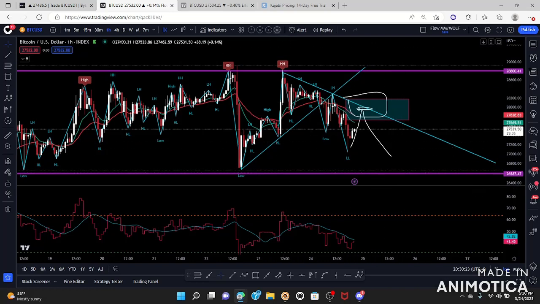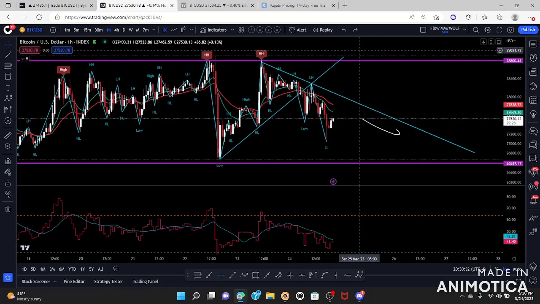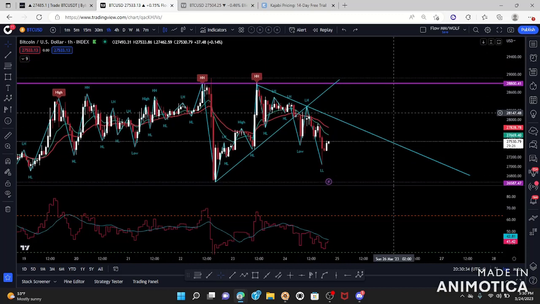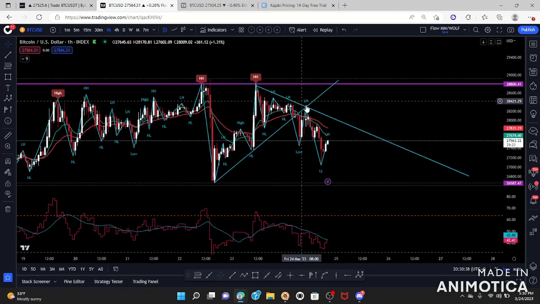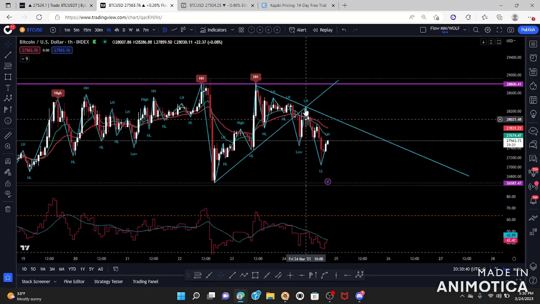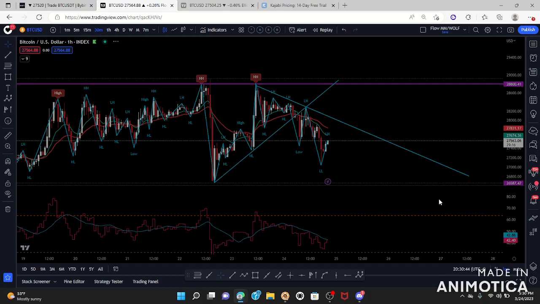That's my play for the shorts. If the market does start to rotate to the upside, that's wonderful too. I would not consider any shorts till my 12 and 26 EMAs flip, and again this lower high is broken, and we cross this hourly trend line to the upside.